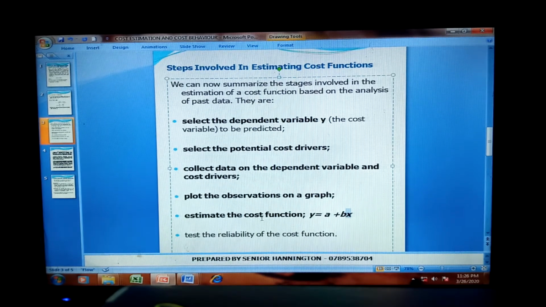Then after coming up with your cost function, the next step is always to test the reliability of the cost function. Of course, we are going to look at tests of reliability in this session as well.